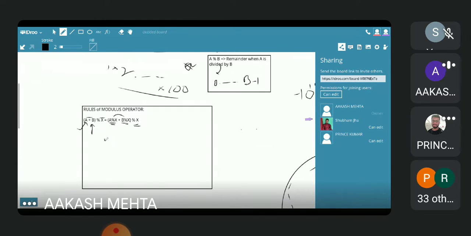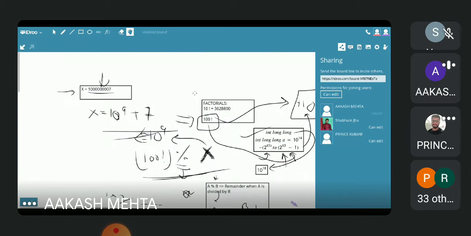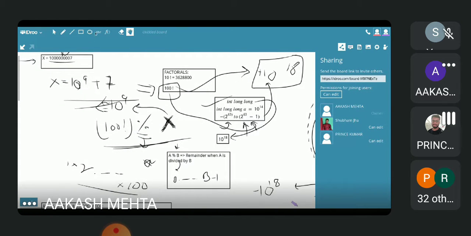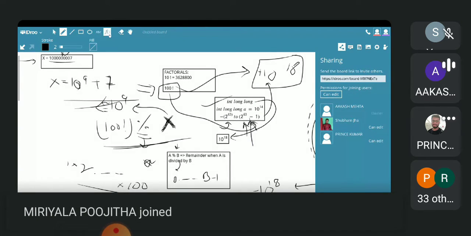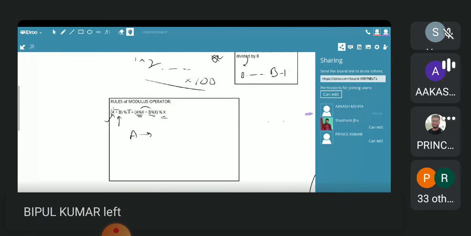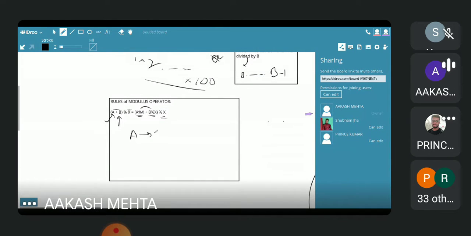Suppose we have long and the range is 2 to the power 63 minus 1. So let's say you have written a long int a something and long int b something.